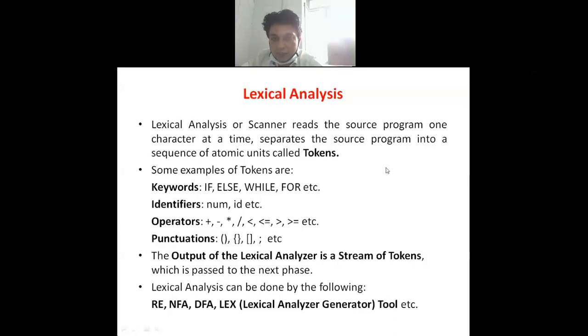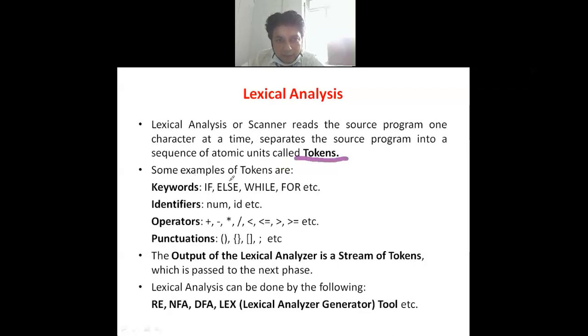We are discussing each and every phase of the compiler one by one. Now, the first phase of the compiler is the lexical analyzer. The lexical analyzer, the other name of which is scanner, reads the source program one character at a time, and separates the source program into sequence of atomic units called tokens.